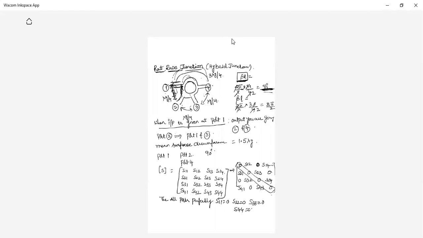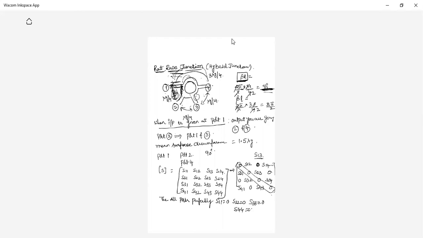When you observe this, S13 is equal to 0. When the input is given at 1, output is available only at 2 or 4. Nothing you are going to get at 3. That's why S13 is equal to 0. Similarly, when the input is given at 2, you get output at port 1 and port 3.